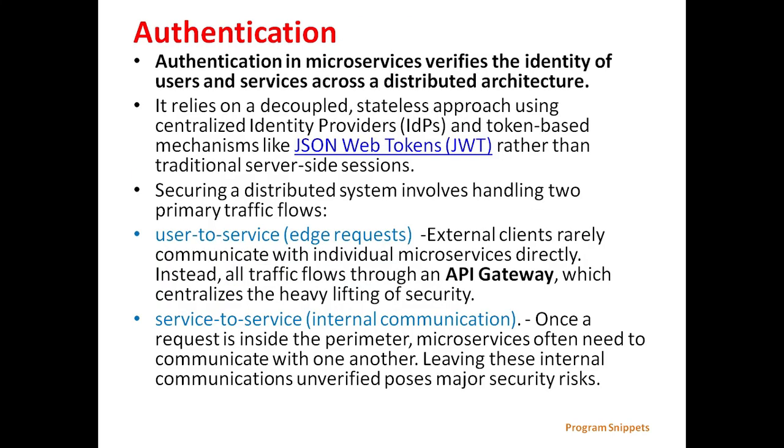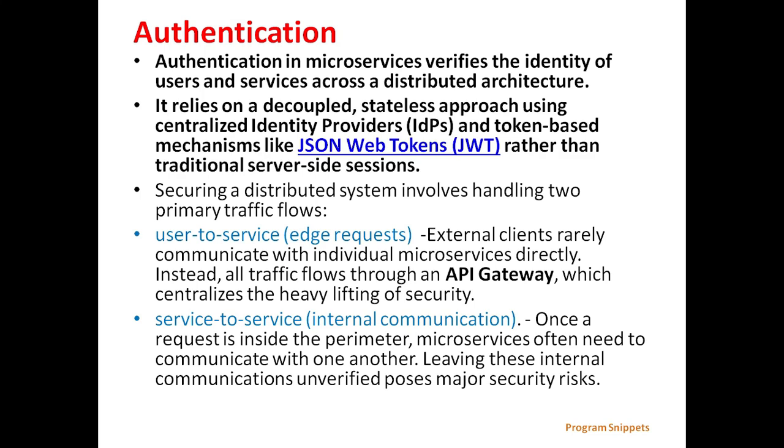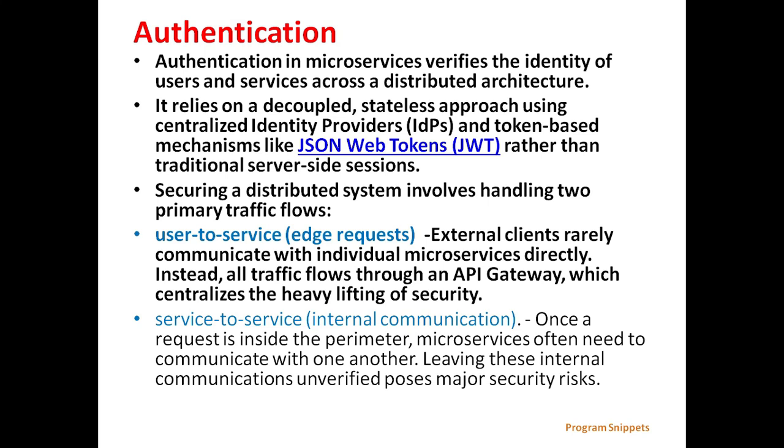Then authentication. Authentication in microservices verifies the identity of users and services across a distributed architecture. It depends on a decoupled stateless approach using centralized identity providers and token-based mechanisms like JSON Web Tokens rather than traditional server-side sessions. Securing a distributed system involves two primary traffic flows. First, user to service.